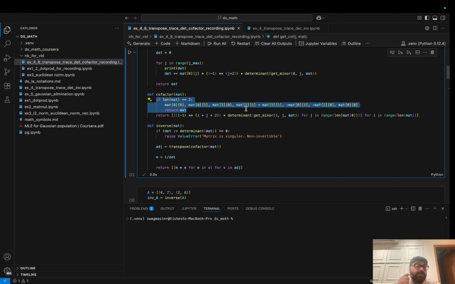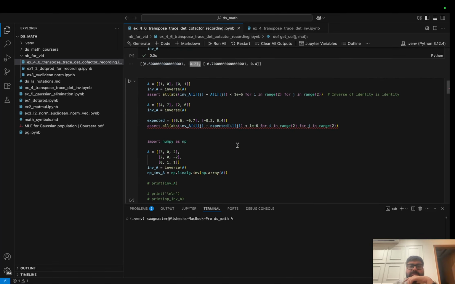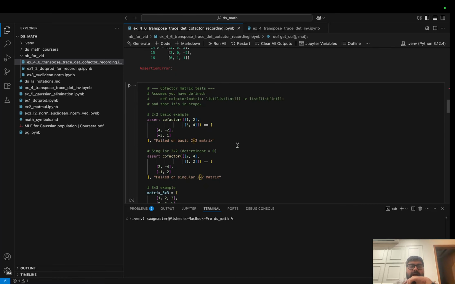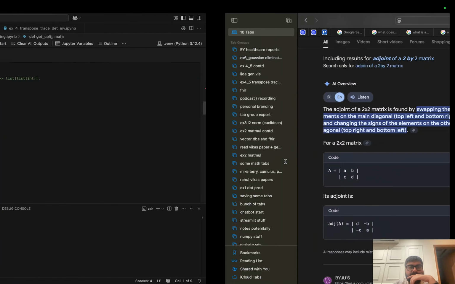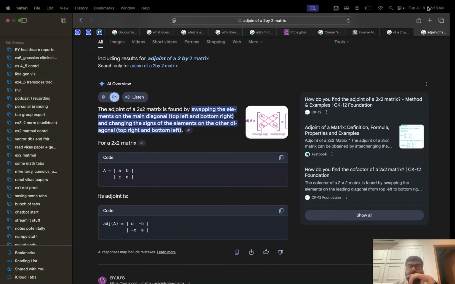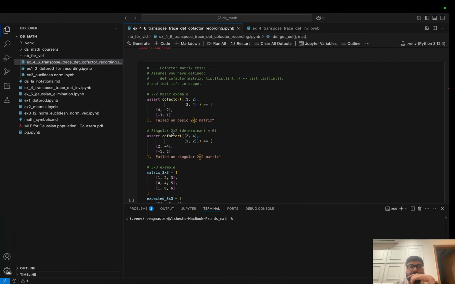This bit of code here is actually the adjoint of a 2 by 2, not the cofactor of a 2 by 2, which is why I'm getting screwed up here. But what I'm trying to understand is, how did that work for this? One, two, three, four.